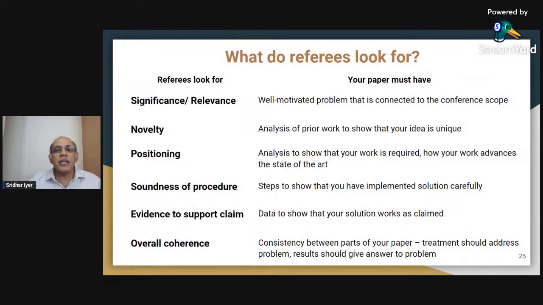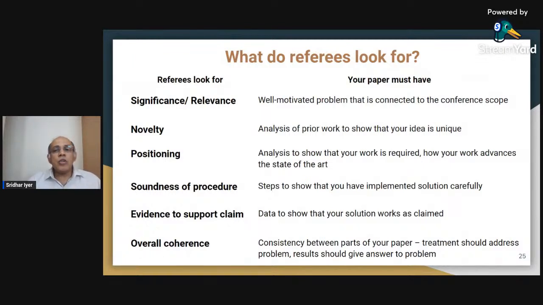So it has to be consistent. If you say X is my goal, then whatever intervention you do must be addressing X, and whatever data you collect must also be aligned to show that X is happening, not happening, improving, etc.